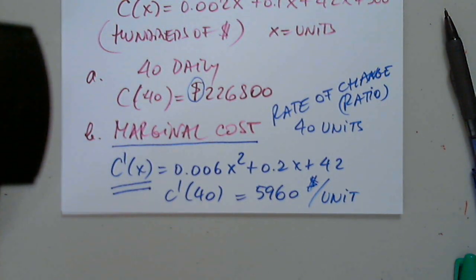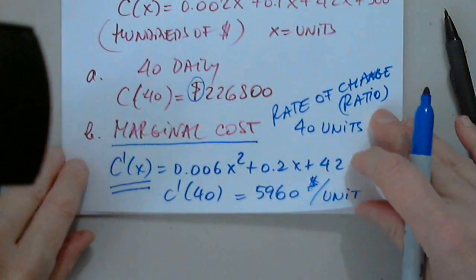Where is my problem here? Okay. Use the result from part B to estimate the daily cost of increasing production to 42 security systems daily. Okay.